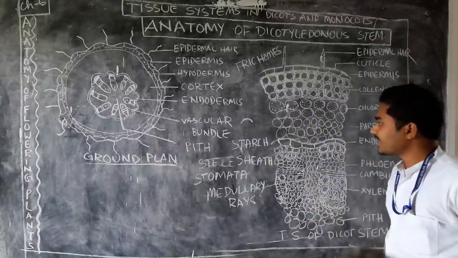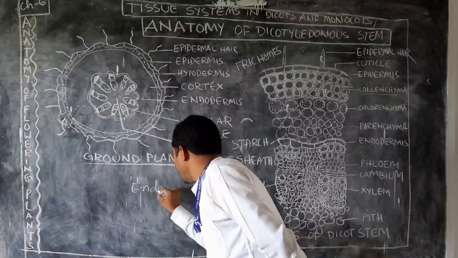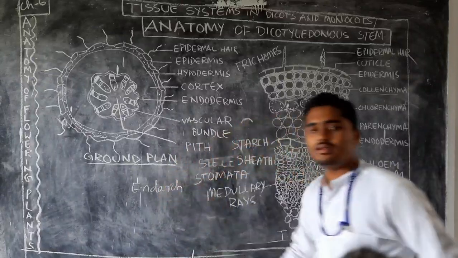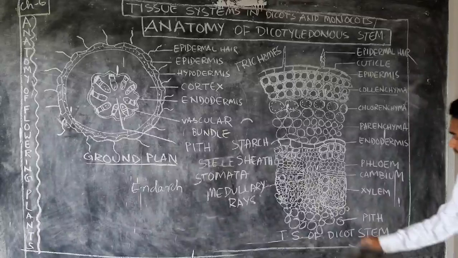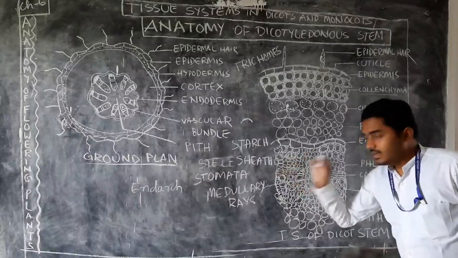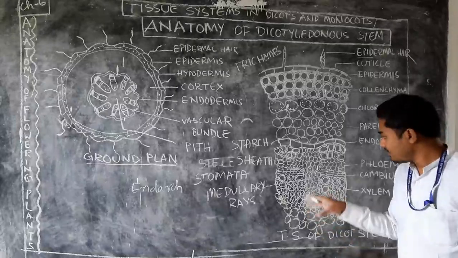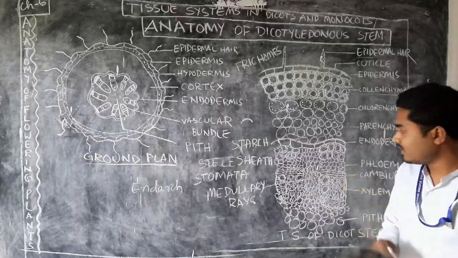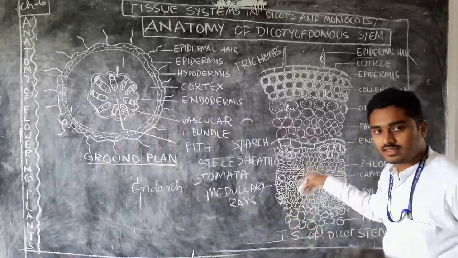And next is the endarch form. So we have studied exarch, but here it is endarch. But how is it different from exarch? In the endarch type, the protoxylem, or the first formed xylem, is present towards the pith region or towards the central region.